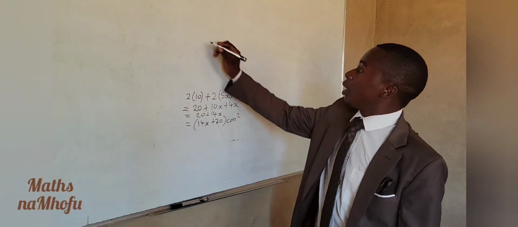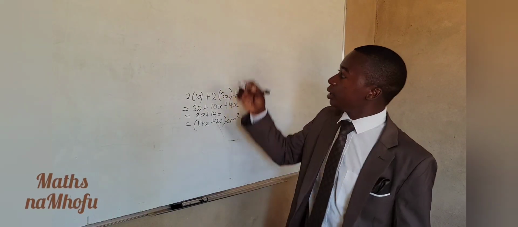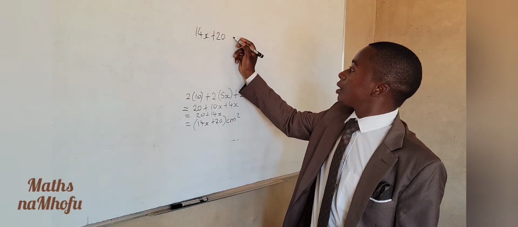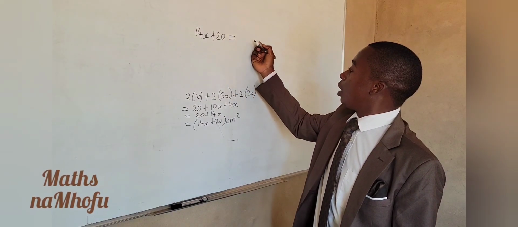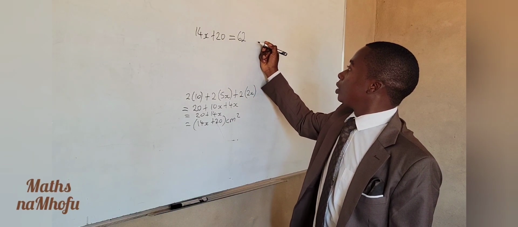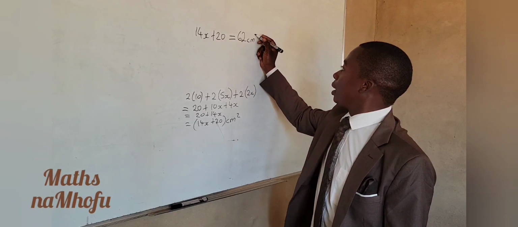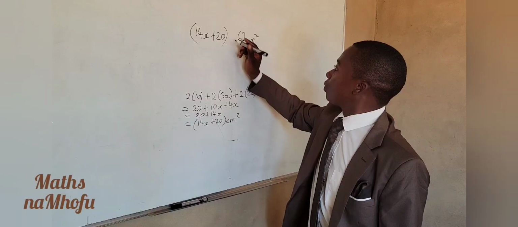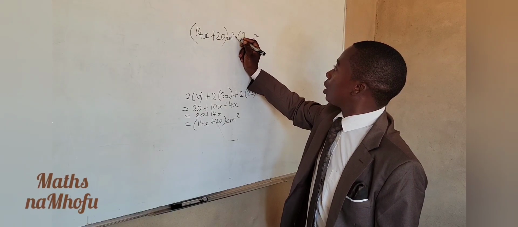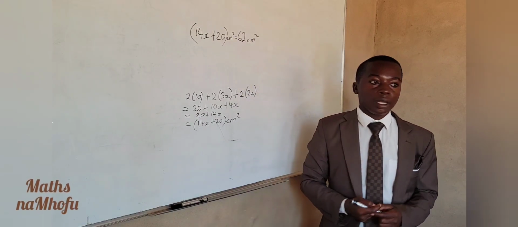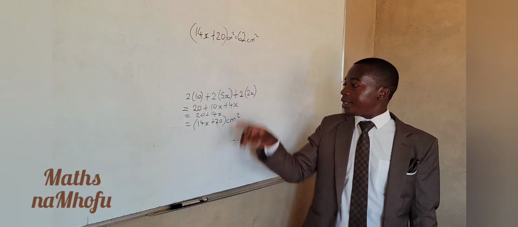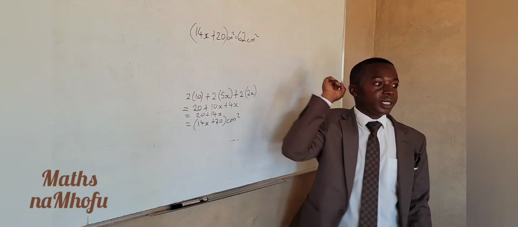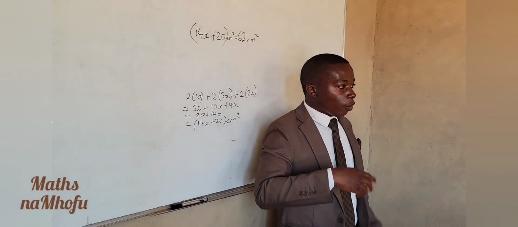So, to form an equation in terms of x, it's 14x plus 20 is equal to 62 square centimeters. Here you could do, okay, let me remove this equal sign. Like this. Are we together? 14x plus 20 square centimeters is equal to 62 square centimeters. Is this clear? Are we together?